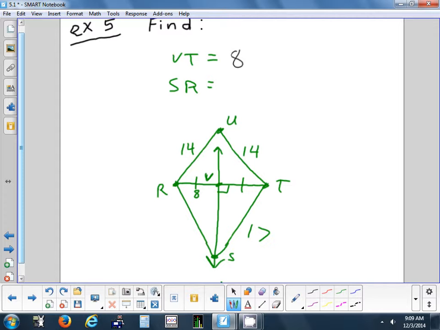If you have a point on the perpendicular bisector, what does that tell us? That RS and TS are the same. Right. If you have a point on the perpendicular bisector, that tells you that it's equidistant from the endpoints. So S to T and S to R have to be the same.